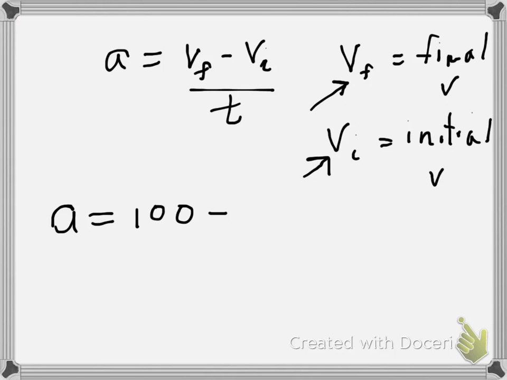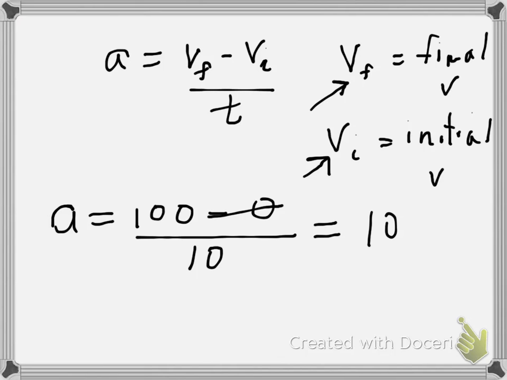The initial velocity would be 0 because it went from rest to 100. And then I said the time was 10 seconds. So 100 minus 0 is 100 because you're subtracting 0. So then you get 100 divided by 10, and that would give you 10.